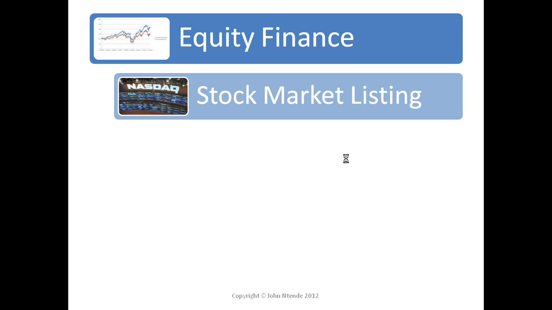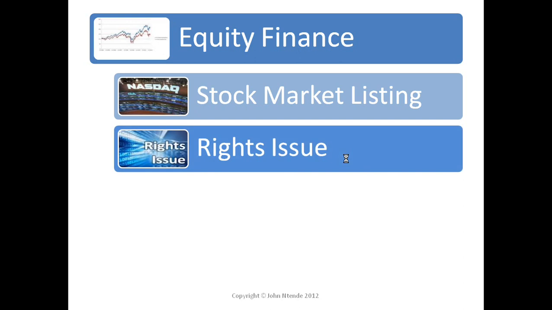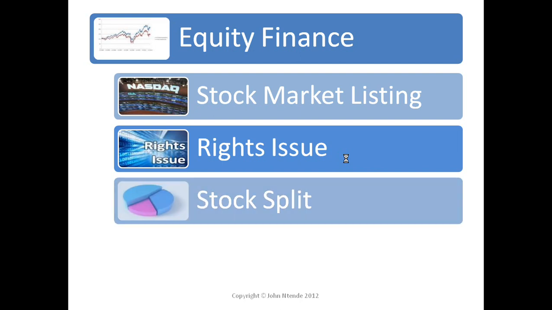We're going to look at different ways of listing on the stock market. We also have something called a rights issue. A rights issue is an offer to existing shareholders, usually at a price lower than the prevailing market rate. We're going to look at some computations relating to the rights issue. We have something called a stock split.